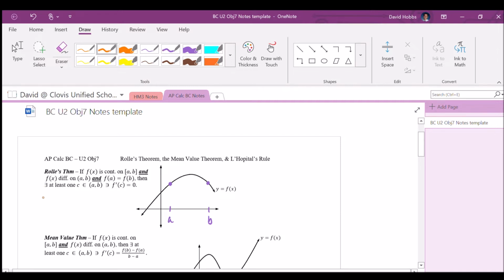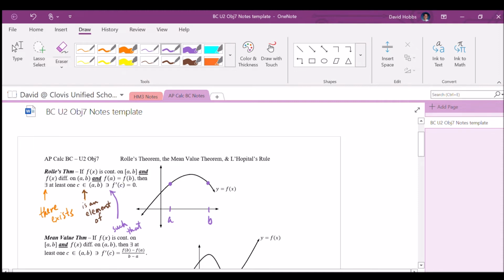Okay, so if all that's true, then here's a symbol I do not believe I have used with you guys yet. There exists at least one c. Here's another symbol, throwing lots of symbols at you today: is an element of the open interval a to b, such that f prime of c is equal to 0.